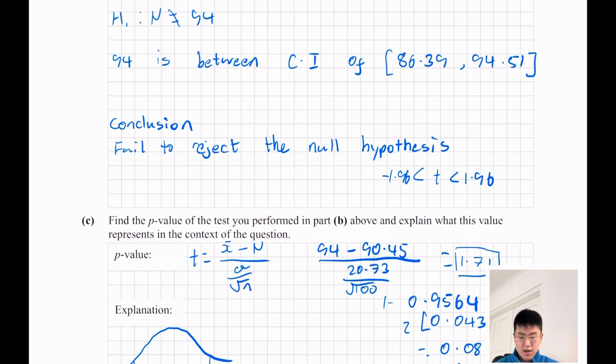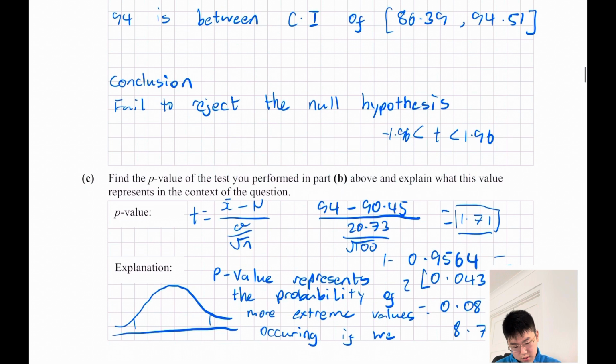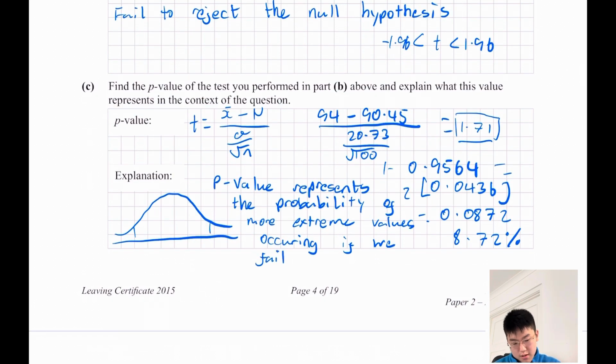You can just write down: p-value represents the probability of more extreme values occurring if we accept or fail to reject H0.